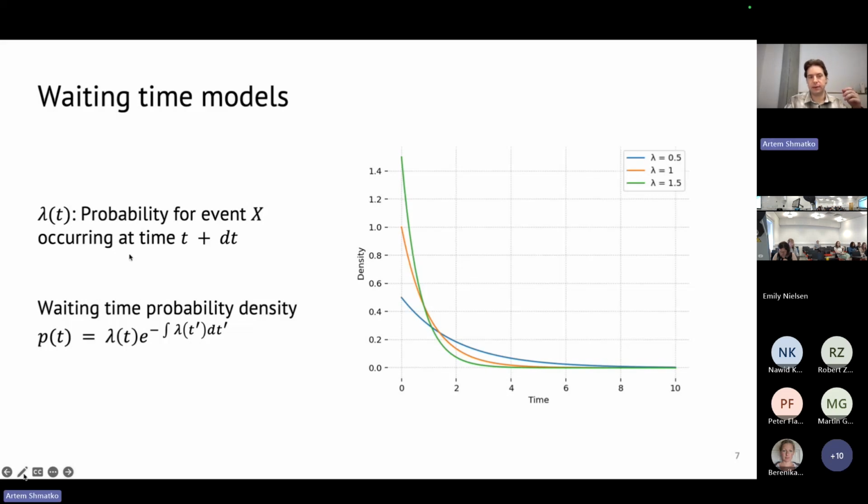It could also be dependent on time, but let's assume it's constant. Then we can write down the statistical formula for the expected time we need to wait until this event happens, given this probability of happening during each period of time, each year, for example. This statistical distribution is called the exponential distribution and is widely used for applications of time to event modeling.